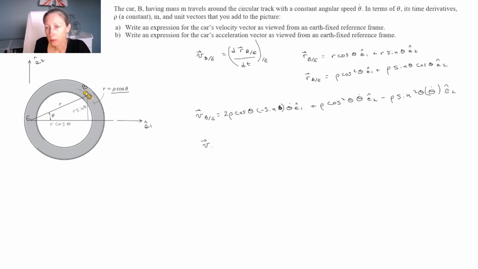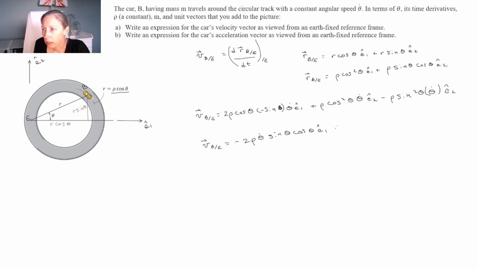And now I can just kind of do the multiplication, collect terms. So for E1, I'm going to have negative 2 rho theta dot sine theta cosine theta E1.